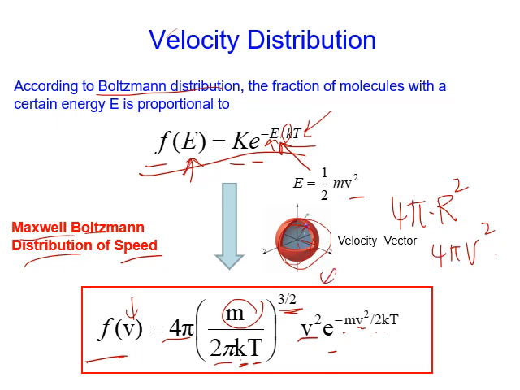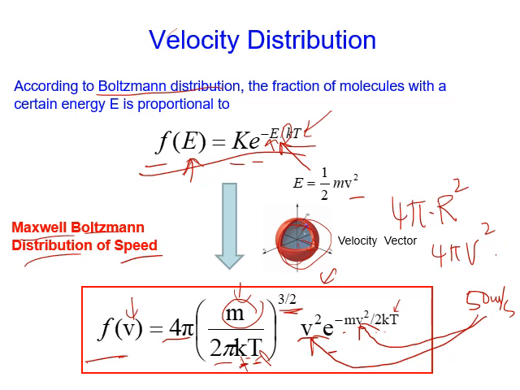So we can calculate the percent of molecules with a certain velocity. For example, what is the percent of molecules with a velocity of 50 meters per second? You just plug in the speed of 50 here, and the temperature, mass, and Boltzmann constant are given.